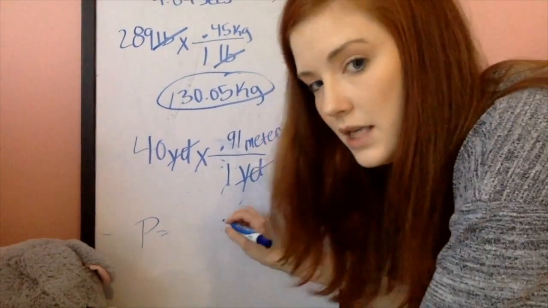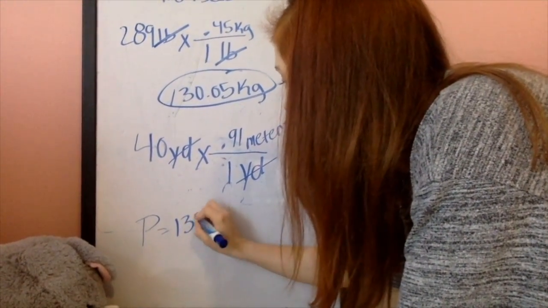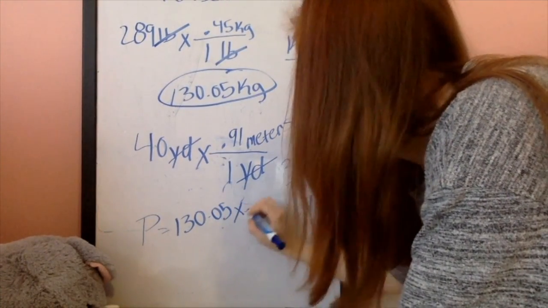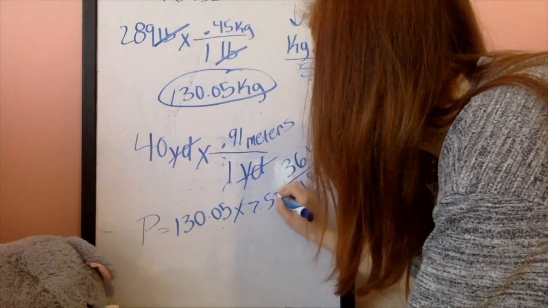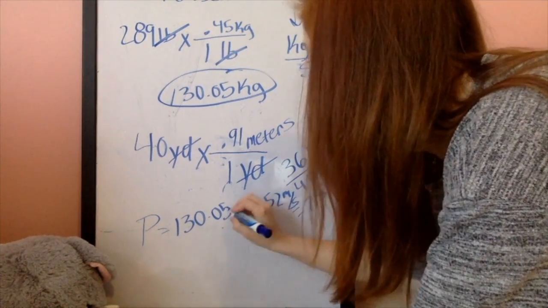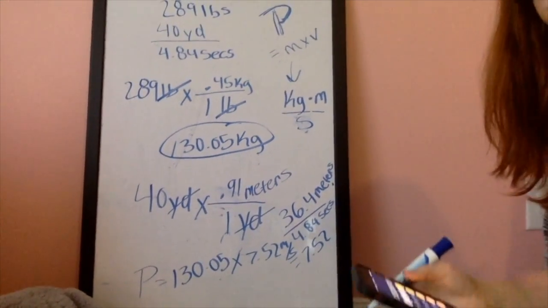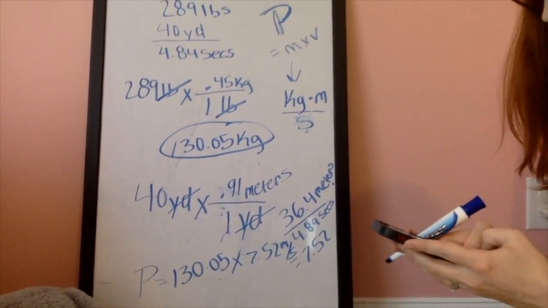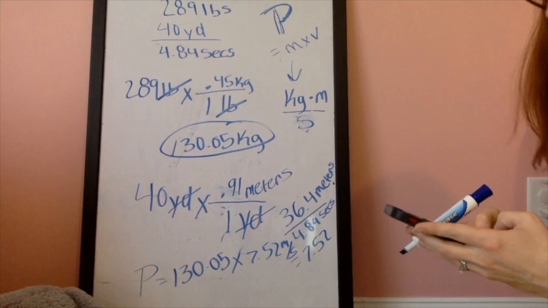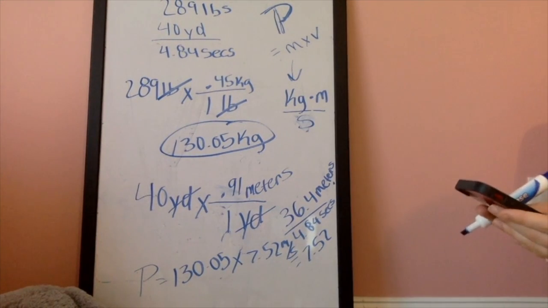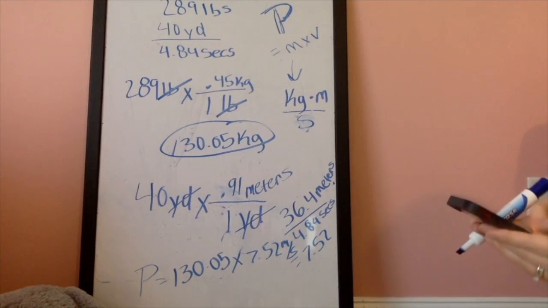So momentum equals 130.05, and our velocity is 7.52 meters per second. So we just multiply that. 130.05 times 7.52. Let me do that one more time. Times 7.52.